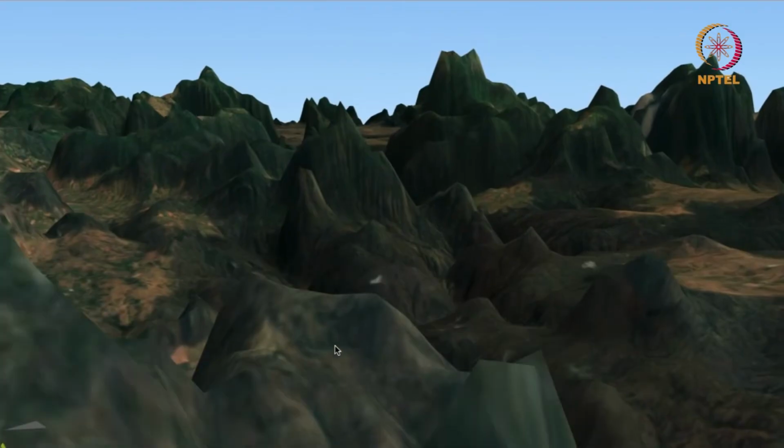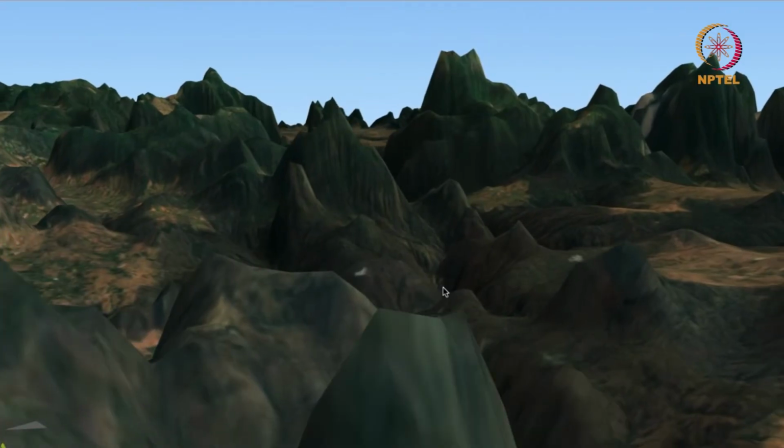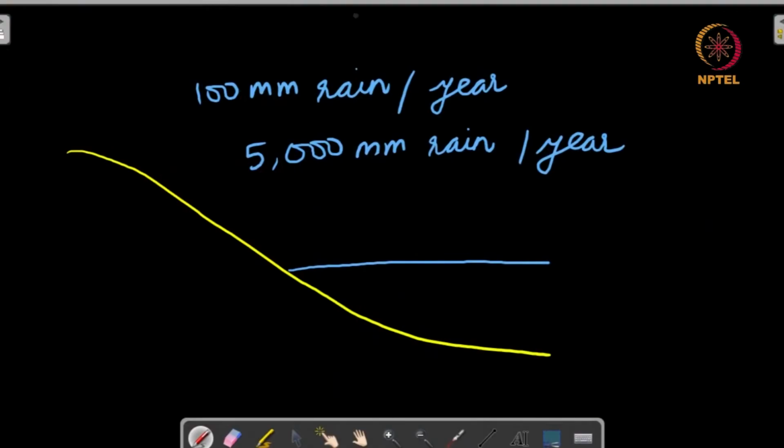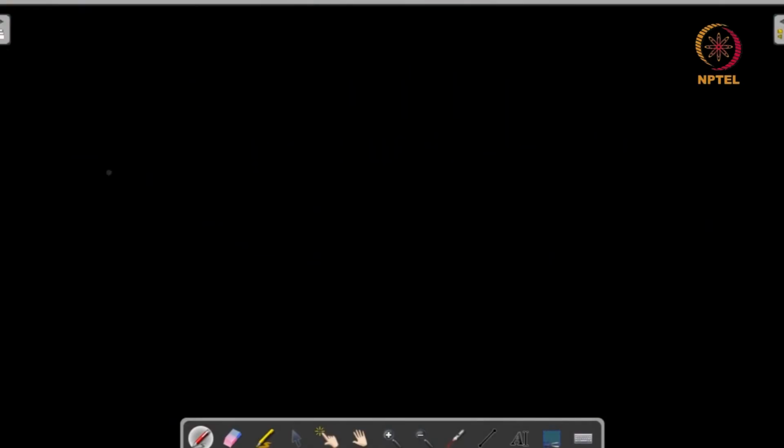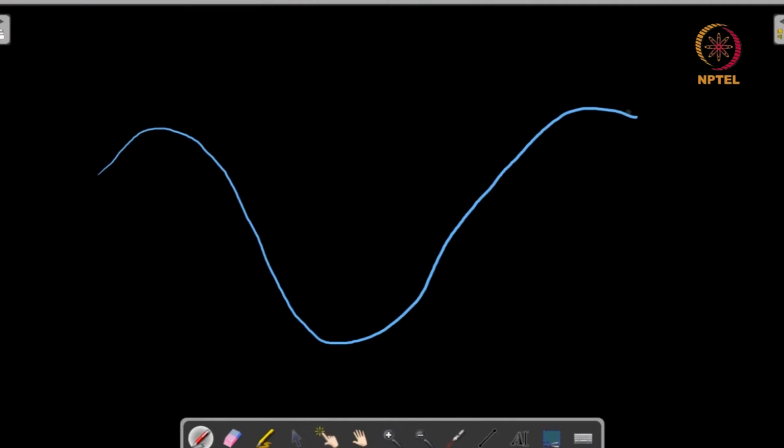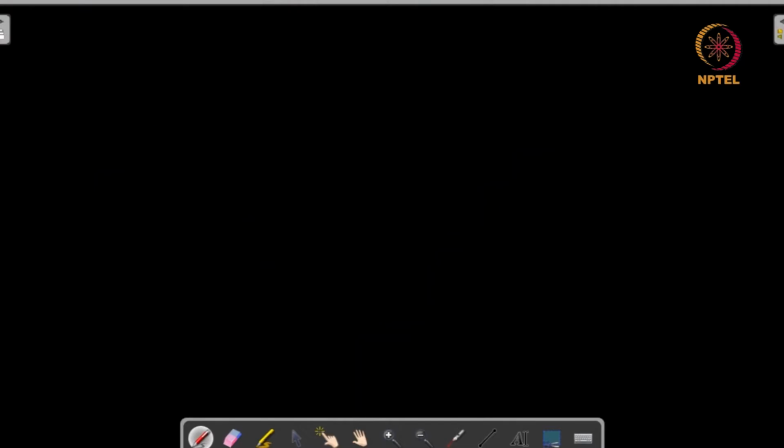So like in this location, if you look here, this is V, but in this region it becomes more like I. So essentially a V-shaped valley looks like this. But when the erosional activity is very large, in that case we'll find a valley like this.